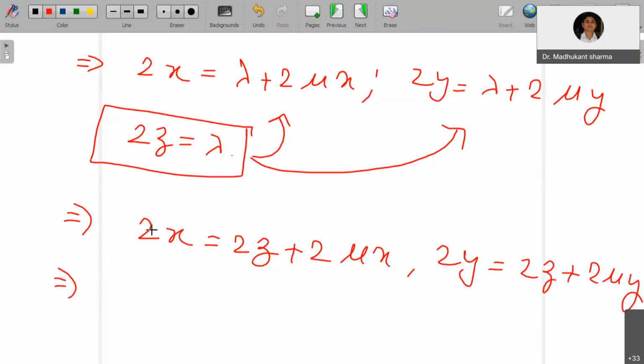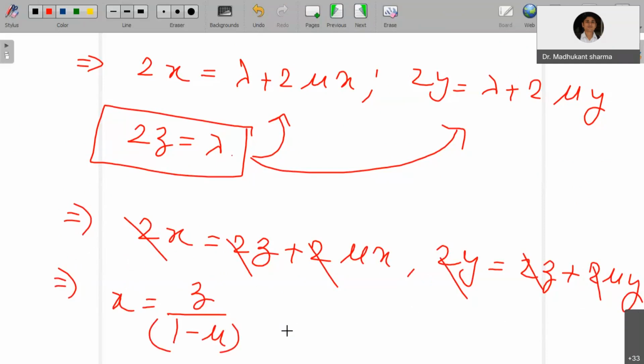The 2 will get cancelled on both sides, and what you will observe is x equals z divided by 1 minus mu, and y equals z divided by 1 minus mu, provided mu is not equal to 1.